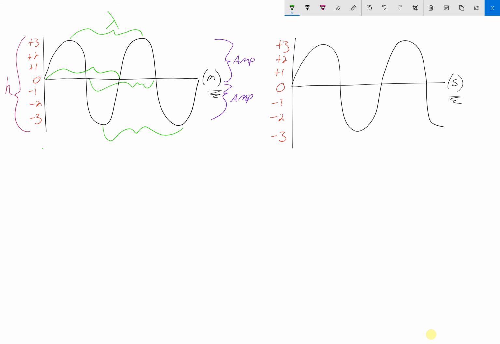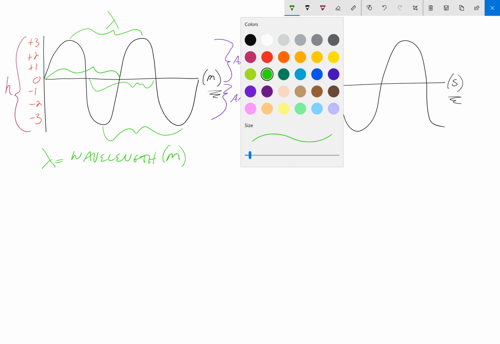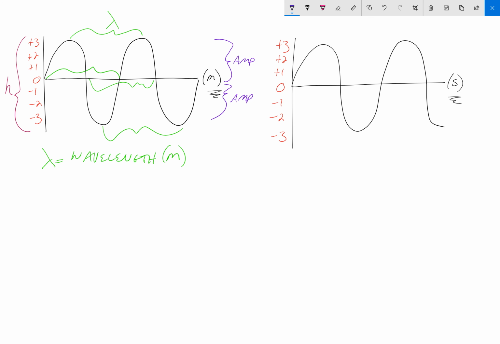So lambda is wavelength, and it's measured in meters, as always. Wherever the wave starts to repeat itself, if I go from this equilibrium position, that's a half a wavelength. That's why we went over the quarter, half, three-quarter, full wave on the previous page.